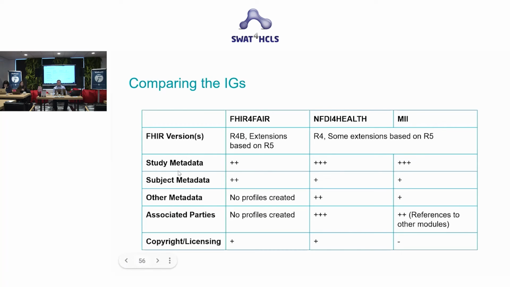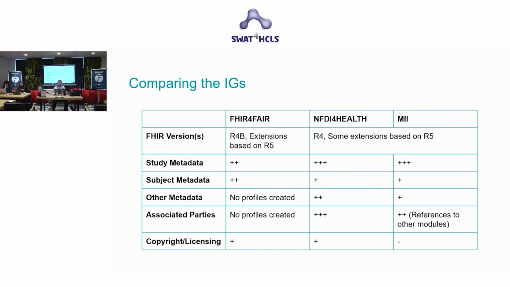All 3 IGs have a focus on study metadata, but I would say that the MII and FHIR4 have a stronger focus on that than the FHIR4FAIR implementation guide. Subject metadata in comparison is better addressed by FHIR4FAIR than in FHIR4 and MII.